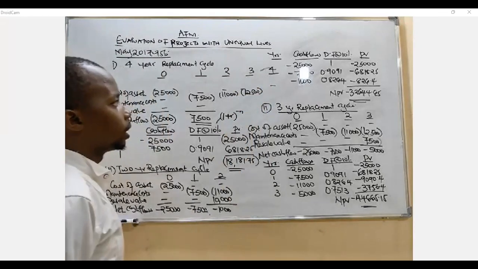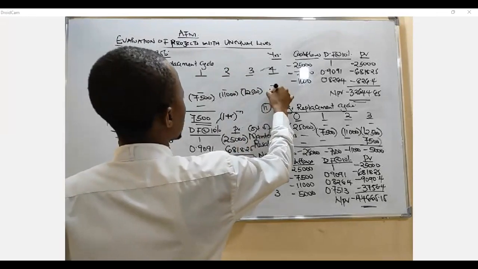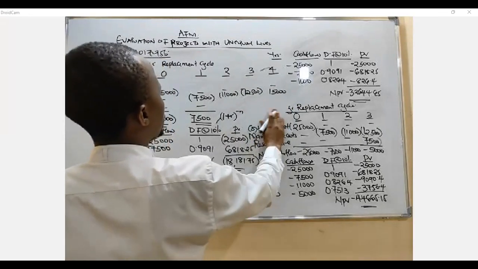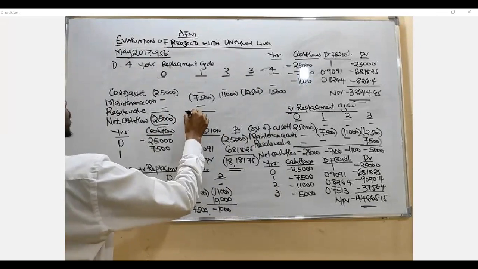Then year 4, I can see we have something very interesting. We are being given 15,000 there.